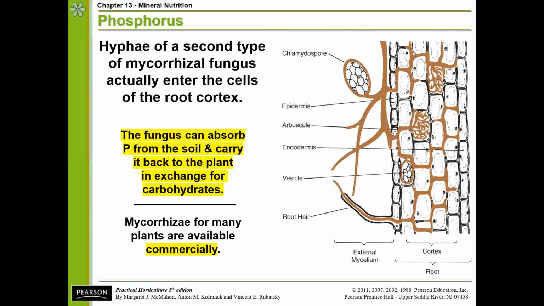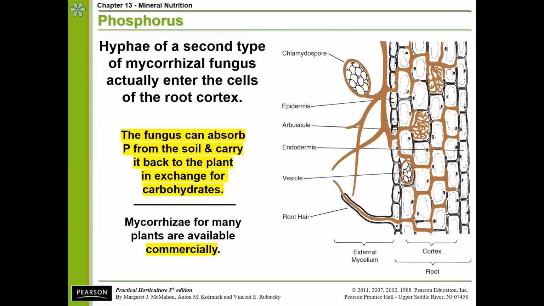And here's a look at a different type of mycorrhizal fungus that, rather than making a whole fungal sheath on the outside of the root, actually enters the cells of the root cortex and can absorb phosphorus from the soil, also carrying it back to the plant in exchange for carbohydrates.